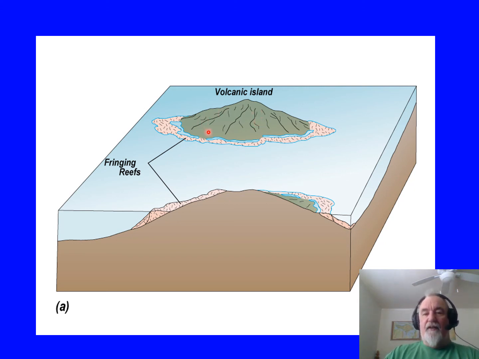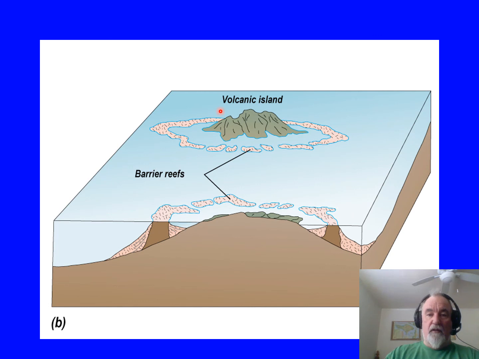So as an island forms and then has less formation of lava, the island made of the volcano will start to sink. And as it does that, it actually forms a ring.